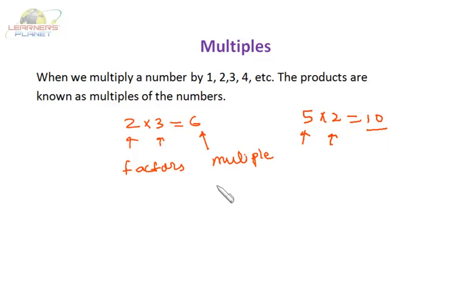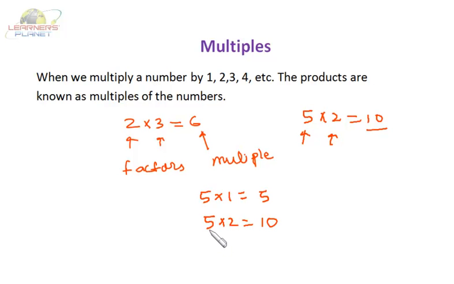Suppose I write the table of 5. So 5 into 1 is 5. So 5 and 1, both of them are factors of 5, and 5 is a multiple of 5 and 1. Similarly, 5 into 2 is 10.